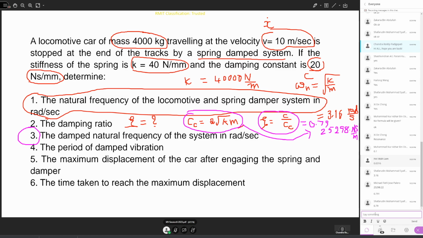For the third one, you can write omega d is equal to omega n into square root of 1 minus zeta square.